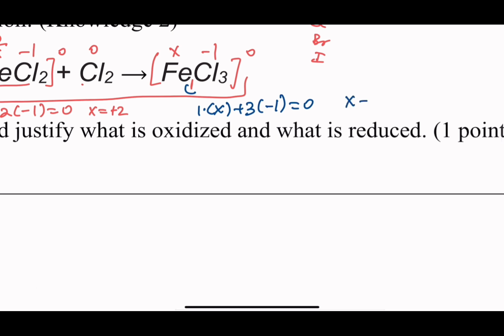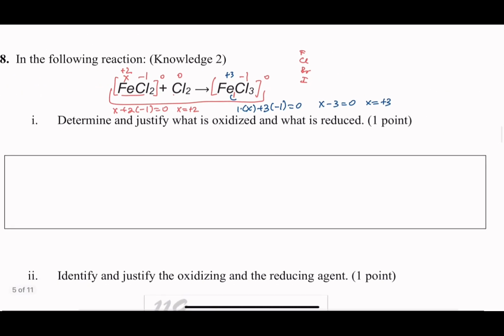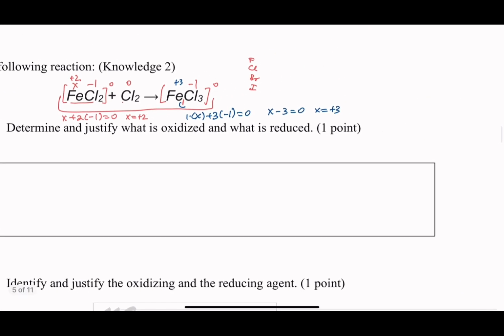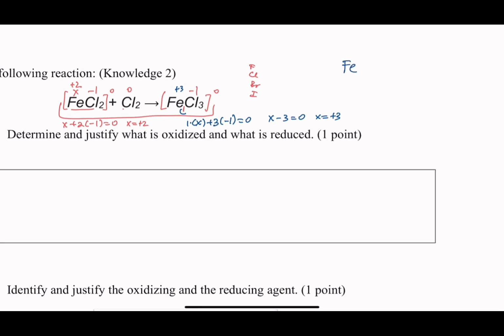And then x minus 3 is 0, x is +3. So that's why this guy is +3. So if we do in here, we know that iron went from +2 to +3.